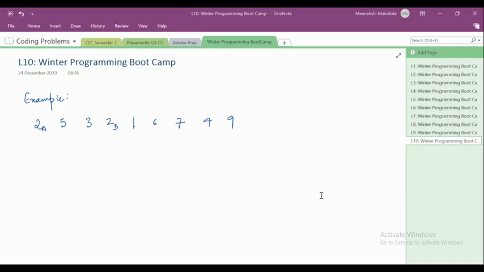Yes, can anyone answer that? Yes, so insertion sort is stable, right? Let us move ahead and sort this array by insertion sort.